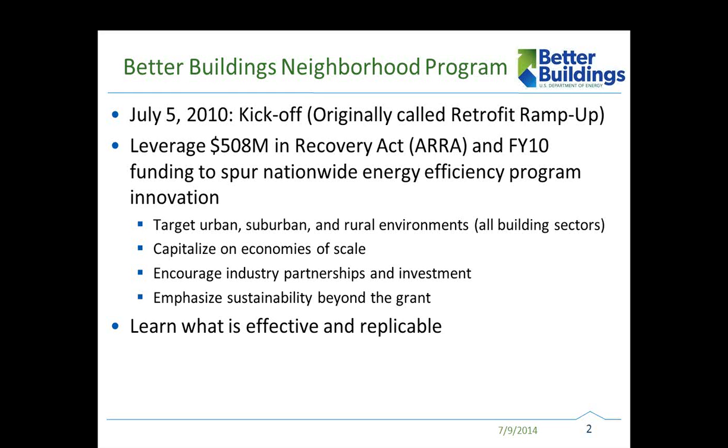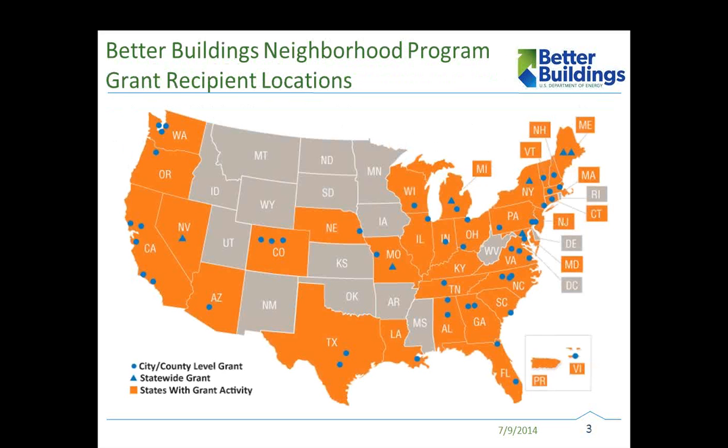A little background on the grant program. This map shows where recipients' locations were around the country. As I mentioned, there were 41 actual grant recipients. Most of them were what we call Energy Efficiency and Conservation Block Grants, and those were funded with the Recovery Act.